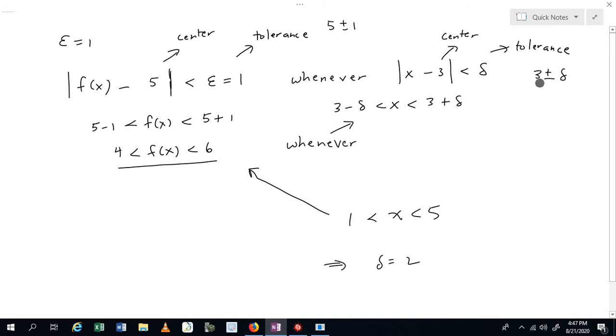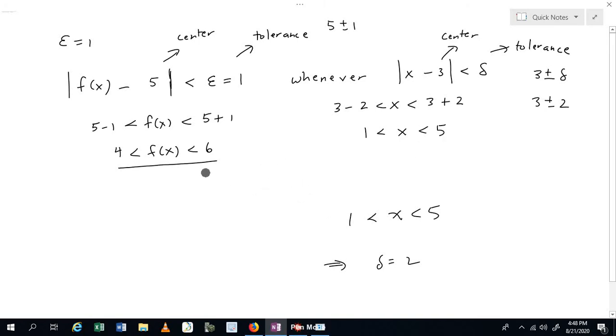Because if I say 3 plus or minus 2, that's going to give me this range of 1 to 5. So it looks like delta needs to be 2. So I'm going to go back up here and plug in 2 for delta. If delta were equal to 2, then yes, x would be between 1 and 5.